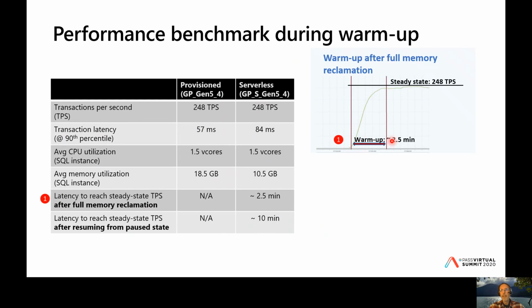That warm-up latency was around 2.5 minutes before steady state throughput was reestablished at 248 TPS.